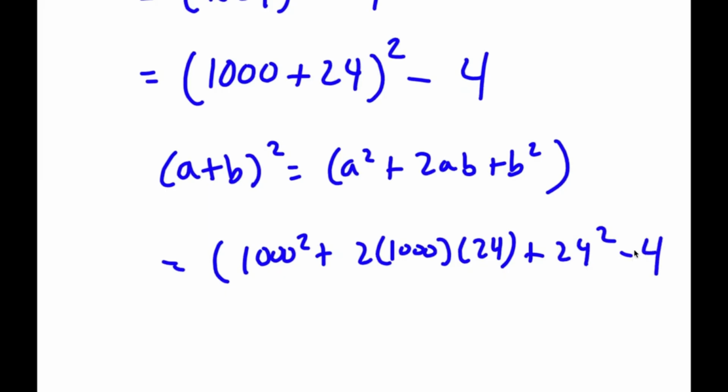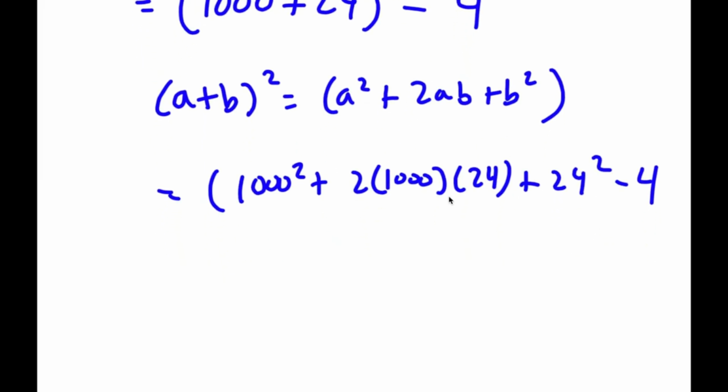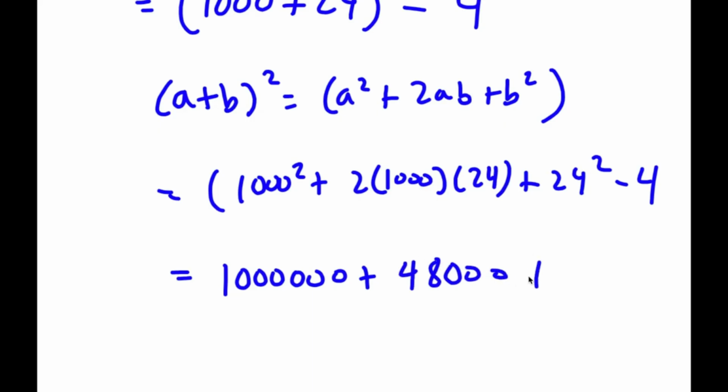Now I have this minus 4. Now 1000 squared, that's equal to 1 million. 2 times 1000, that's 2000. 2000 times 24, that's going to be 48,000. Plus 24 squared, that's equal to 576. And finally, I have minus 4 at the end.